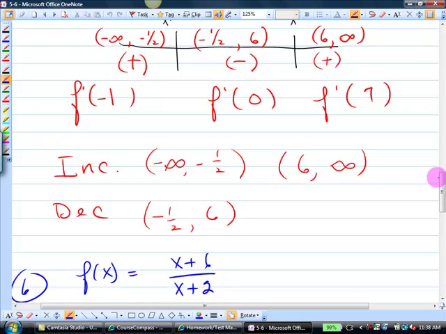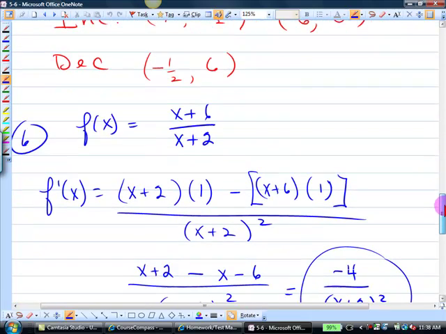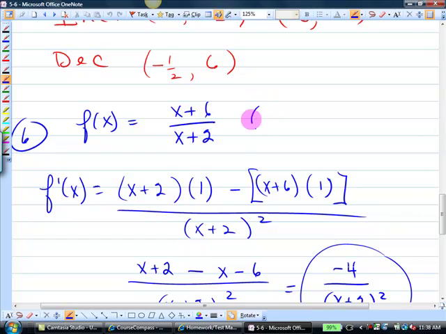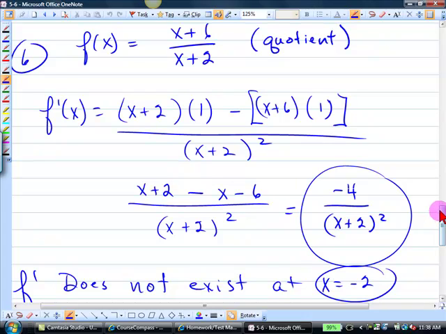Okay. We just have to do all that derivative stuff. Oh, number 6. What's number 6? Quotient. This one's interesting because when you get ready to set it equal to 0, you run into trouble.